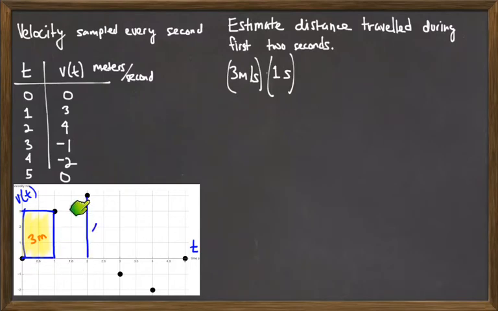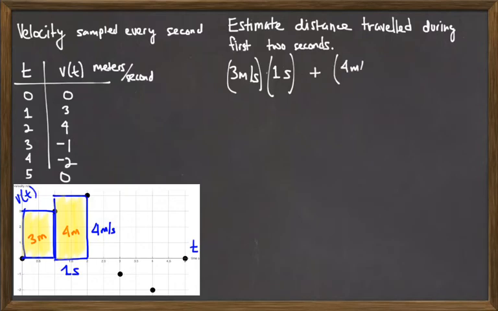At t equal to 2, it's traveling at 4 meters per second. I may as well assume for that second of the journey that it's at a constant 4 meters per second. And then I do the same calculation I just did. 4 meters per second times 1 second gives me 4 meters. And graphically, again, that's the area of that rectangle on that second.